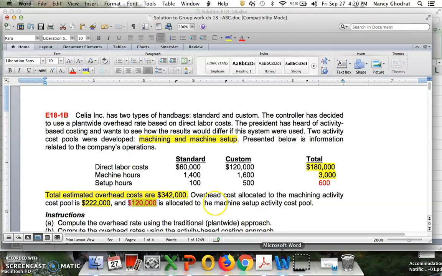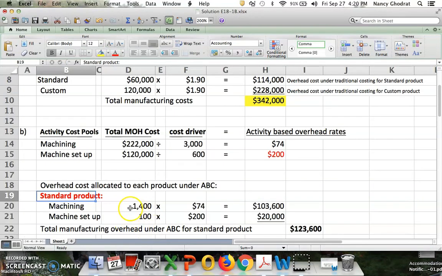The standard handbag generated 1,400 machine hours and 100 setup hours. So we're going to use those 1,400 machine hours and 100 machine setup hours, and we multiply them by activity-based overhead rates.